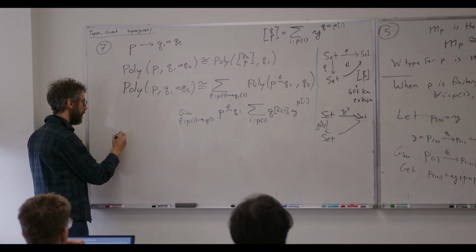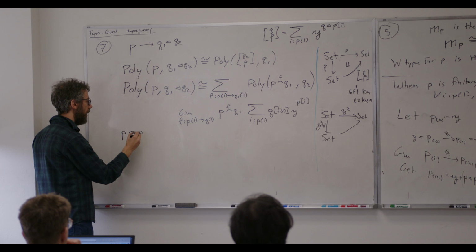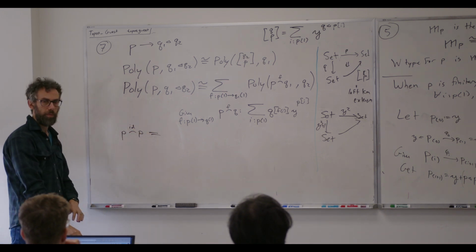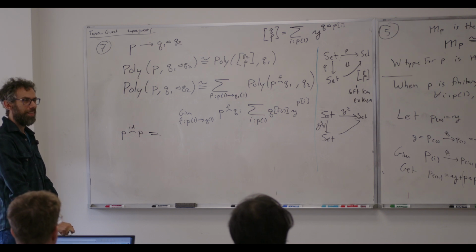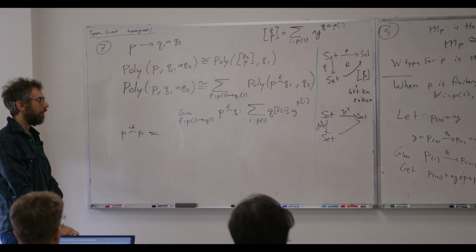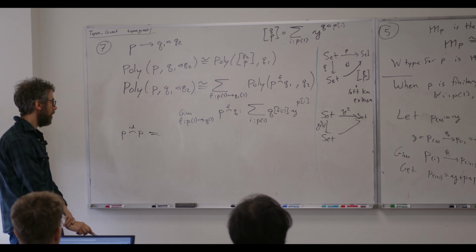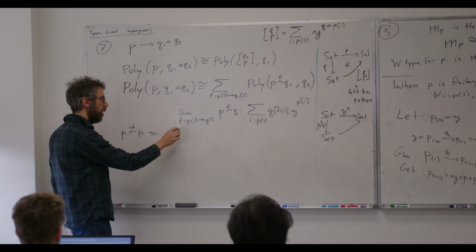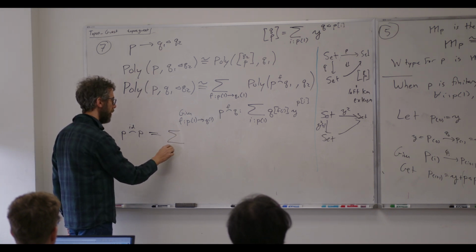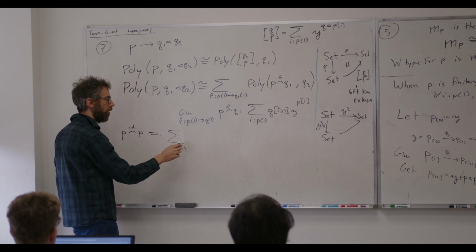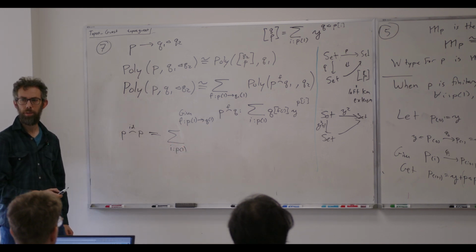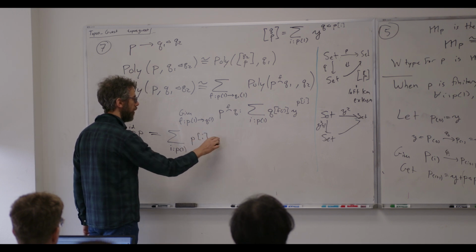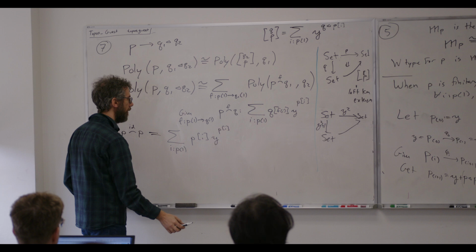So let's do P over id P. What is it? It's the sum over i in P of 1, and Q is P, so P of y over y to the... Great.